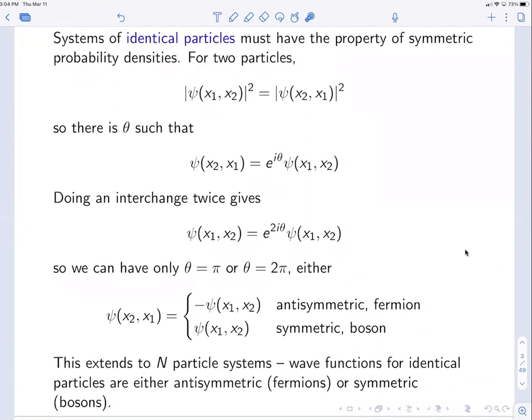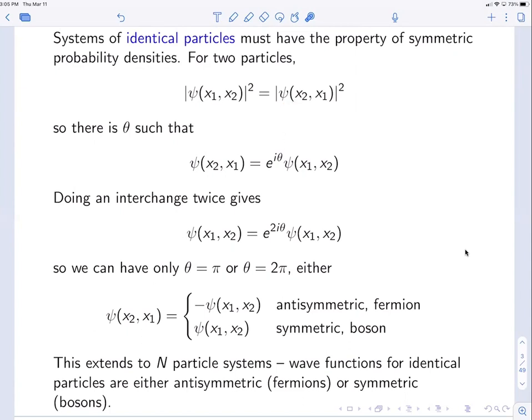Now, systems of identical particles must have the property of symmetric probability densities. If the two particles are truly indistinguishable, then we should be able to switch their places, and then the densities should be the same under that interchange process.